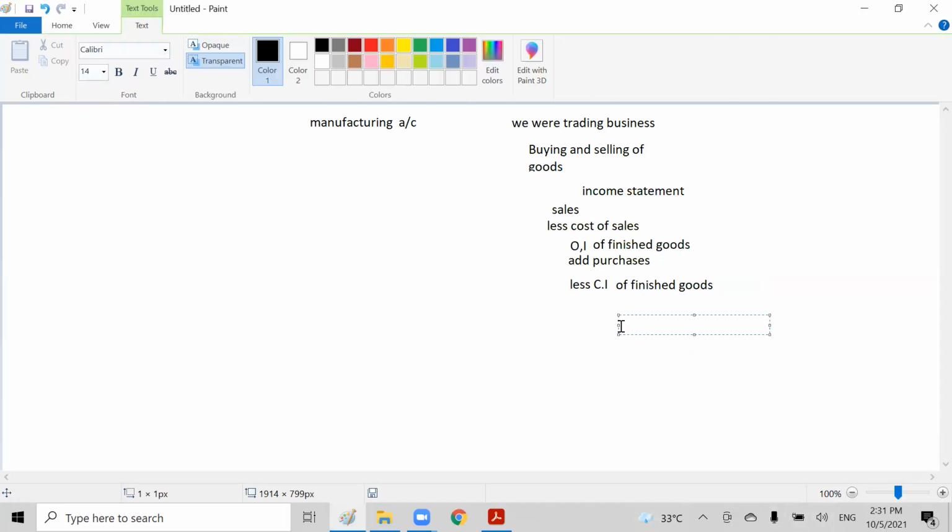There was only a single inventory, of finished goods. If the opening inventory was not enough, we used to purchase more finished goods and then sell them. So there is opening and closing inventory of finished goods, but we didn't write the name of finished goods.